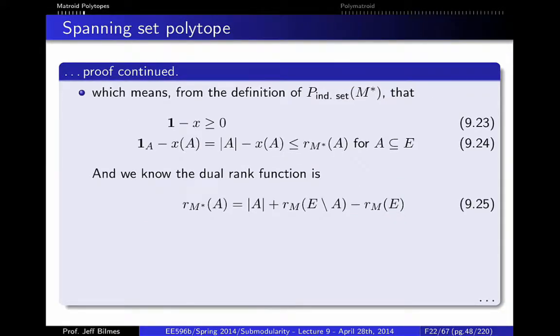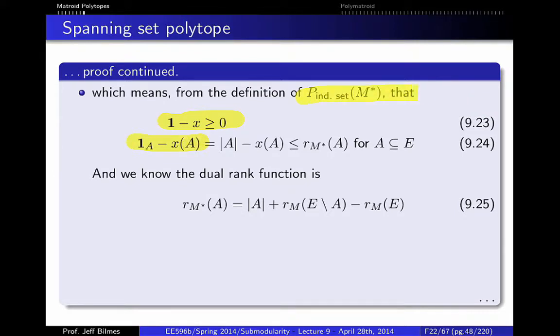So using that fact, we do have this is true, so it's non-negative orthant, right? Because x is in the hypercube. And then we can write it in this fashion.